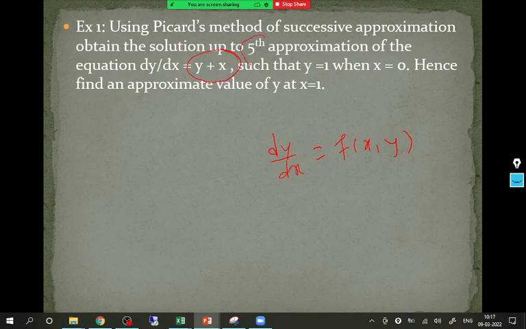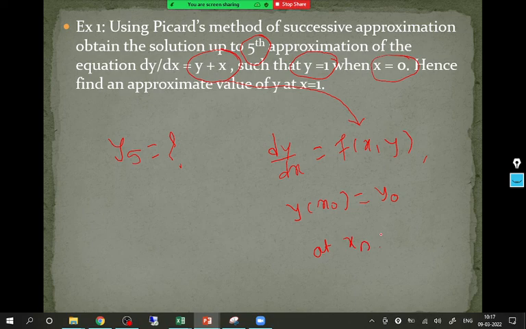So you see, the question is find y5, the fifth approximation. Then f of x, y we are given as y plus x. What is this, y equal to 1 and x 0? In standard notation, I will write a general problem, dy by dx equal to f of x, y, given y of x0 is y0, and find the value at xn.